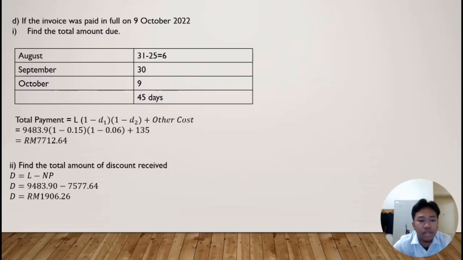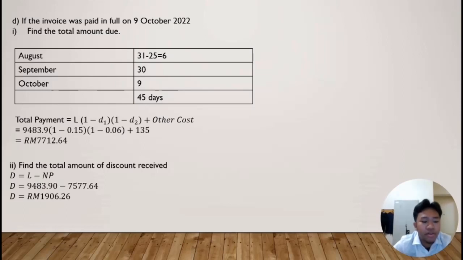Now let's put in the values. We put 9,483 and 90 cents as L. Now (1 minus 0.15)(1 minus 0.06) plus 135 for other costs. So the total is 7,712 and 64 cents.